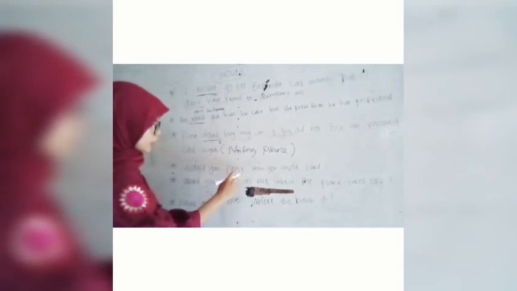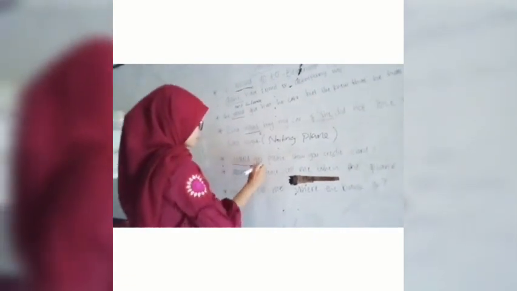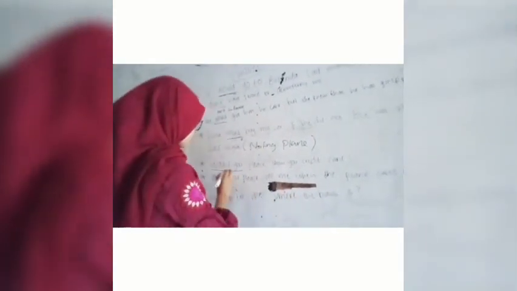The next example is, would you please show your credit card? This is the stating of a request. Would you, in Indonesian, is menyatakan permintaan. And the next example is, would you please tell me when the plane takes off?